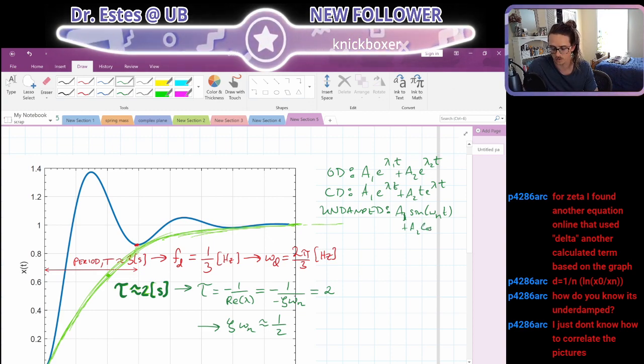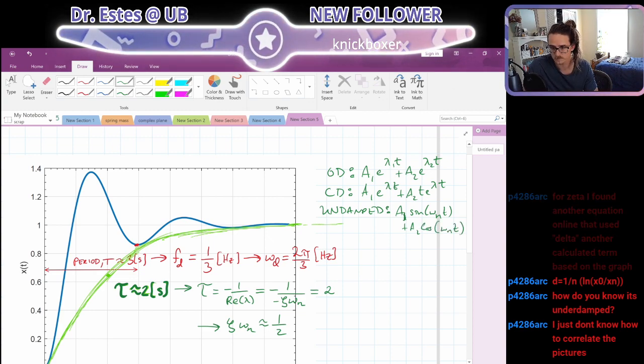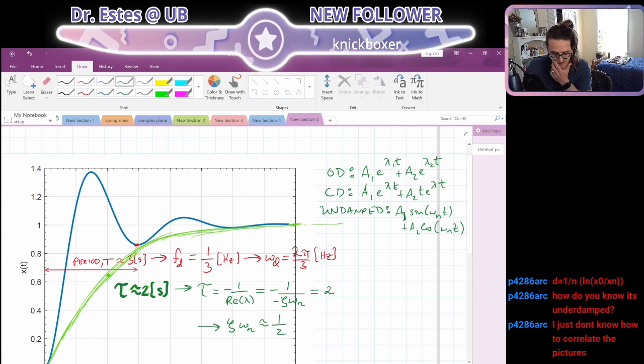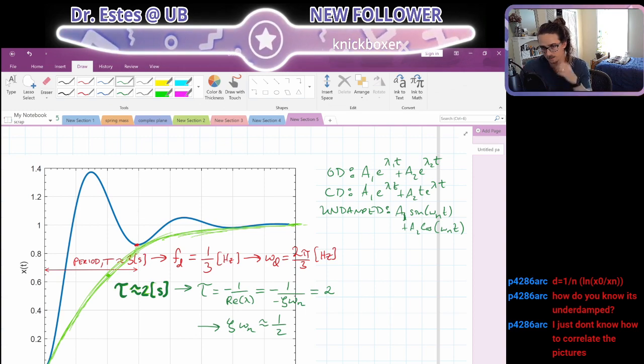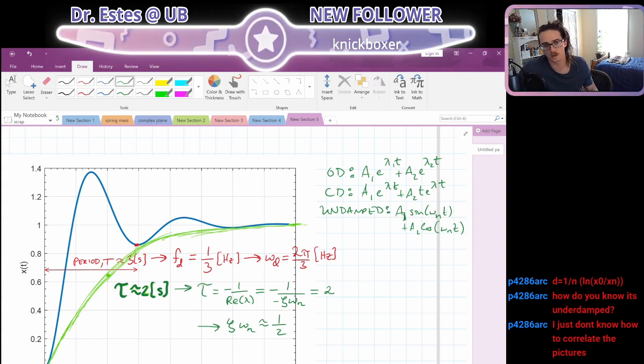I just don't know how to correlate the pictures. Well, what I'm trying to tell you is there's only a certain number of combinations of responses you can get out of a second order system. I mean, there's only 4 types. And underdamped produces these decaying oscillations.